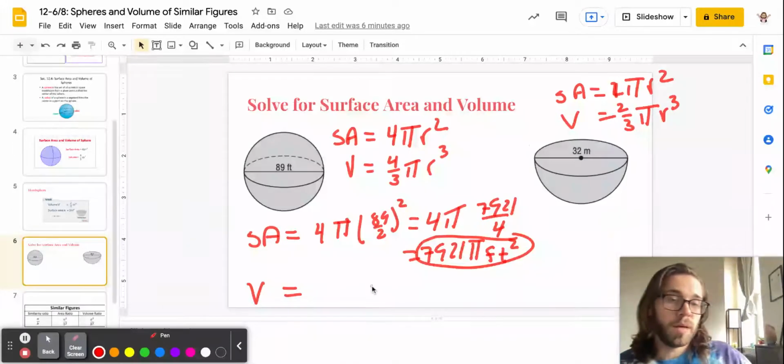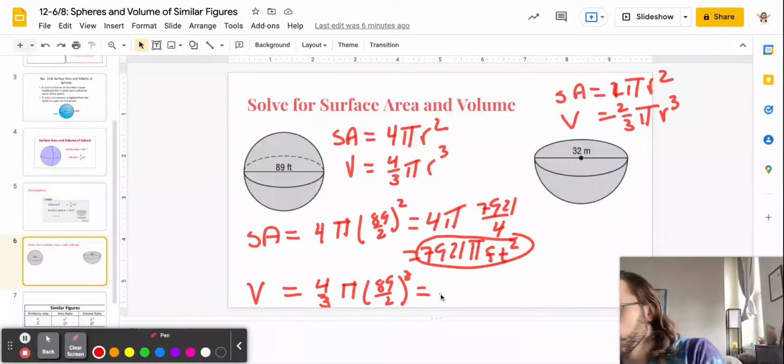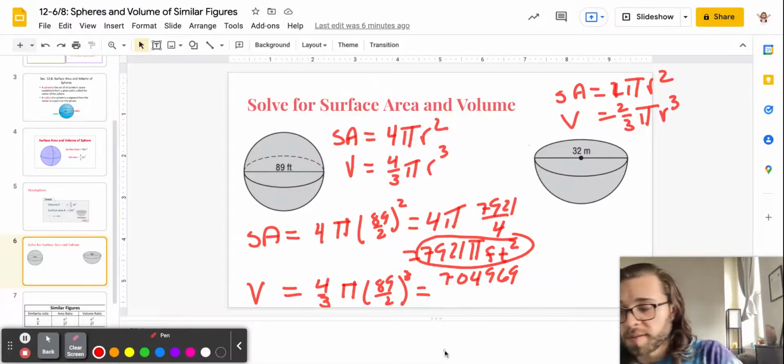And your volume is going to be 4/3 pi, again still the 89 over 2, cubed. I don't know what 89 cubed is. I don't know if it is divisible by 3, but it looks like it's divisible by 3. Let me just check that. Oh, no, guess not.